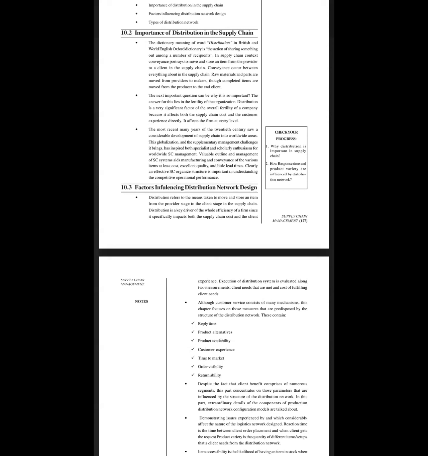Okay, now what they are saying is that whatever work you are doing should be done in an effective manner. That is the important thing, and distribution activities play an important role. See, distribution activity starts with the supply of raw material from the supplier.